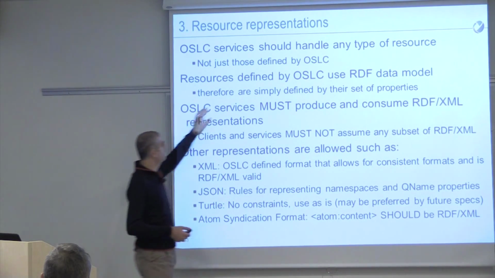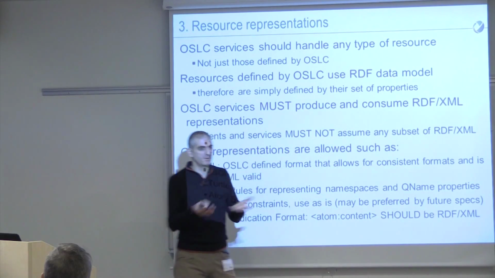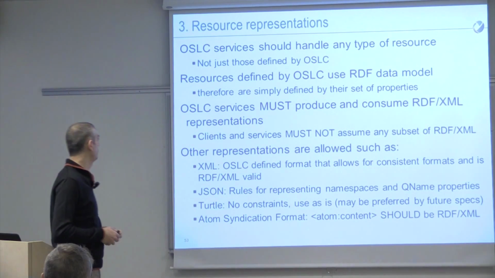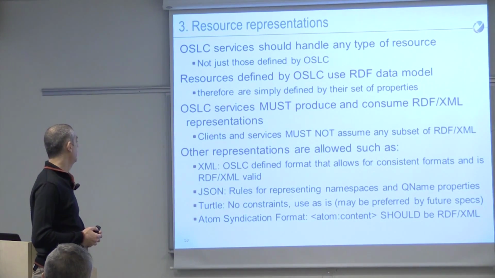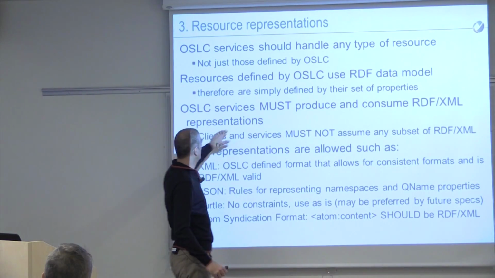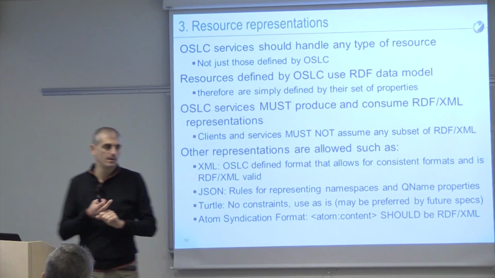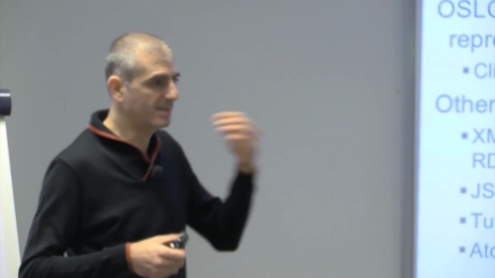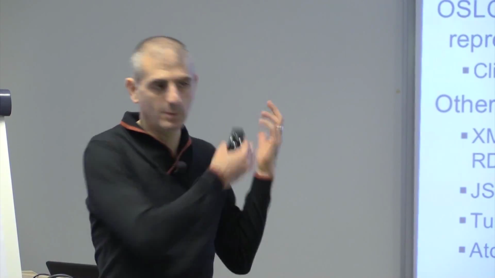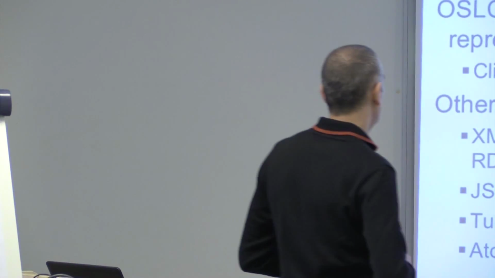And this is this open world view, but you define a resource by their set of properties. That's sort of the whole idea behind it. The one representation that you must always provide is RDF/XML. You can provide JSON, you can provide XML, but the one thing that you always should have is RDF/XML, if you want to comply with the standard, of course.